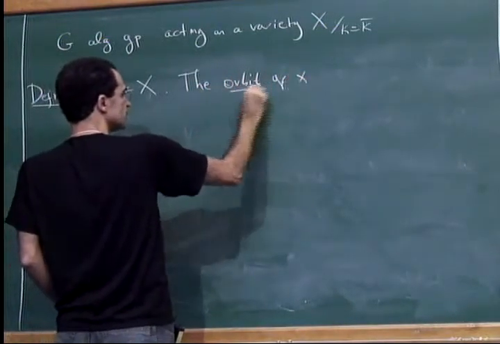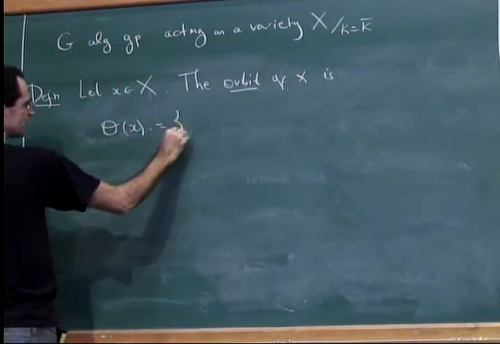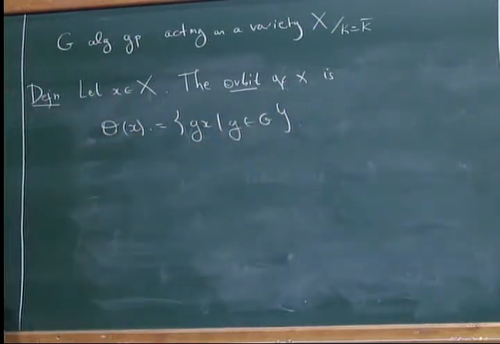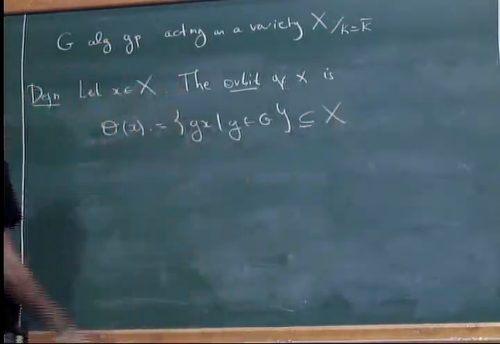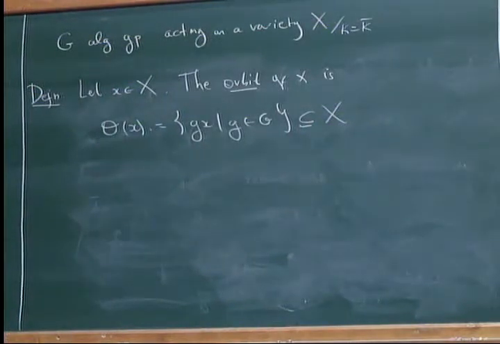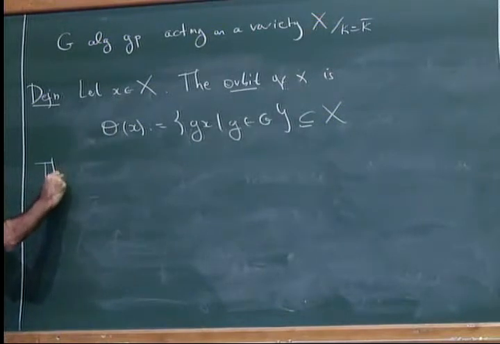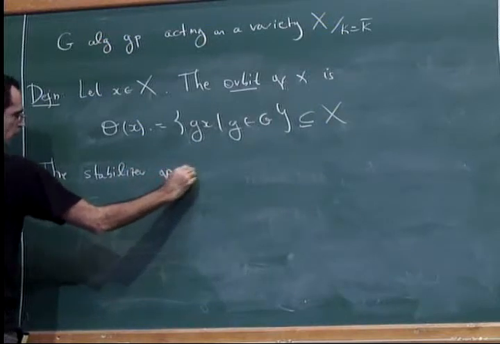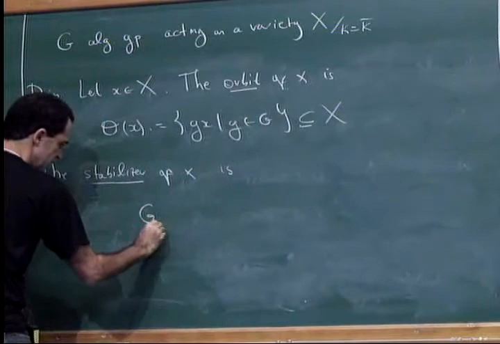of x is the set that I would denote this way, of all the translates of the point. So simply like that, as a subset of X. We're going to see that it has a structure of subvariety, so it's locally closed. That's the notion of the orbit, and then there's the notion of the stabilizer of x, G_x.